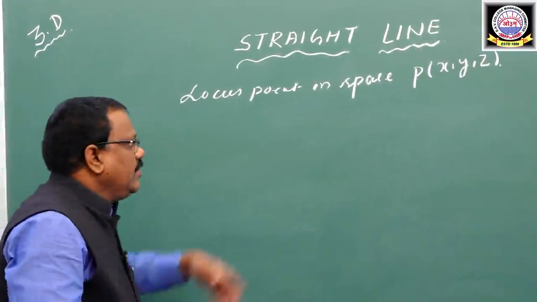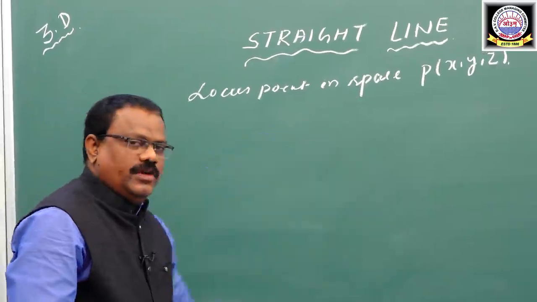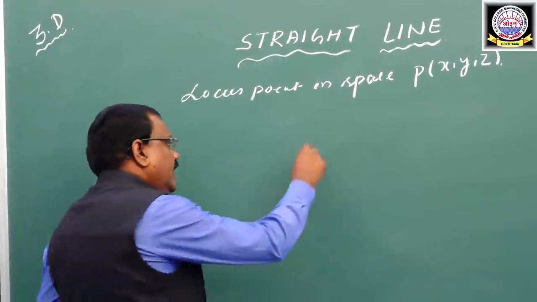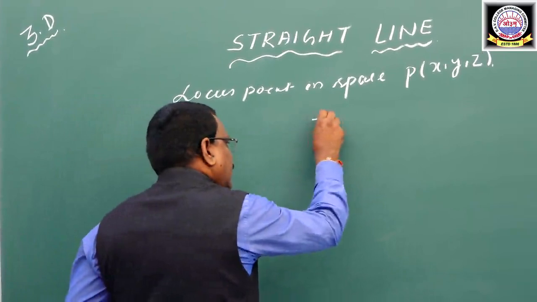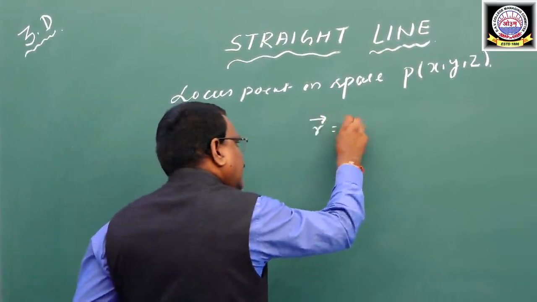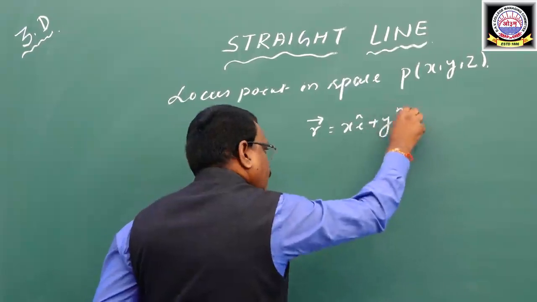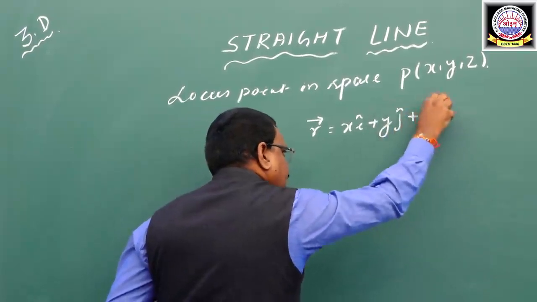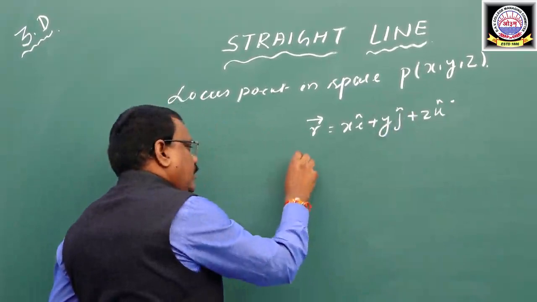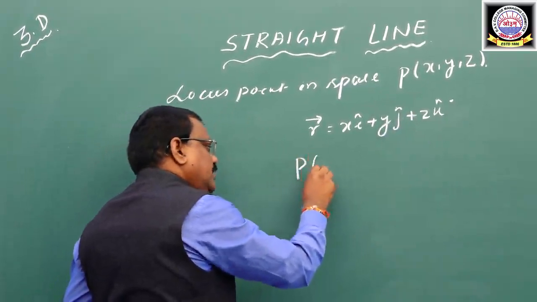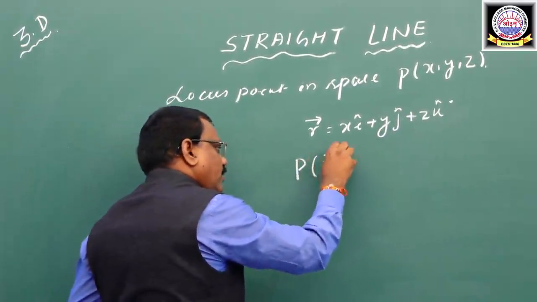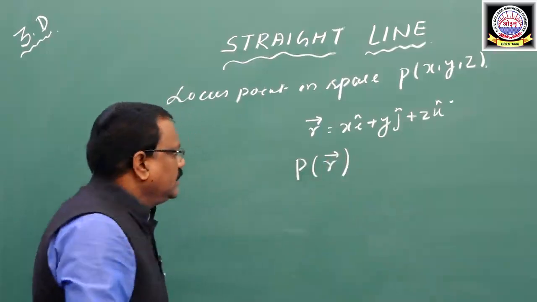If that x comma y comma z is the coordinate of the point P, then any vector, suppose r vector, will represent xi plus yj plus zk. That means the point P must be represented by the vector r vector.